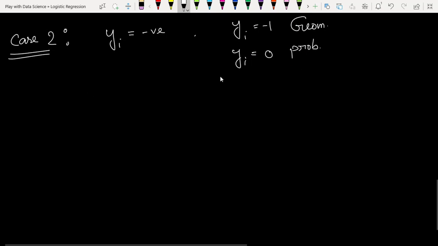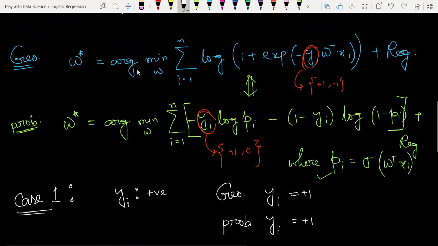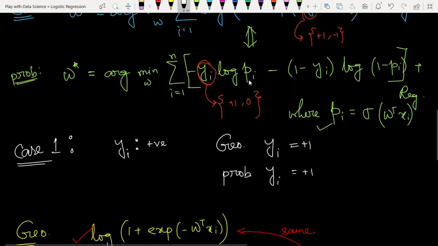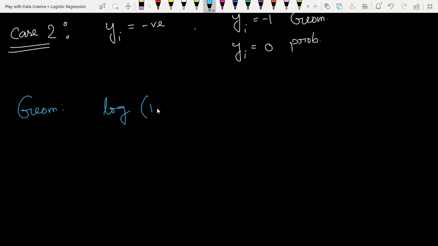So if we put y equal to -1 in the geometric equation, then what will we get? Then our equation will be, geometrically, log of 1 plus exponential of w transpose x.